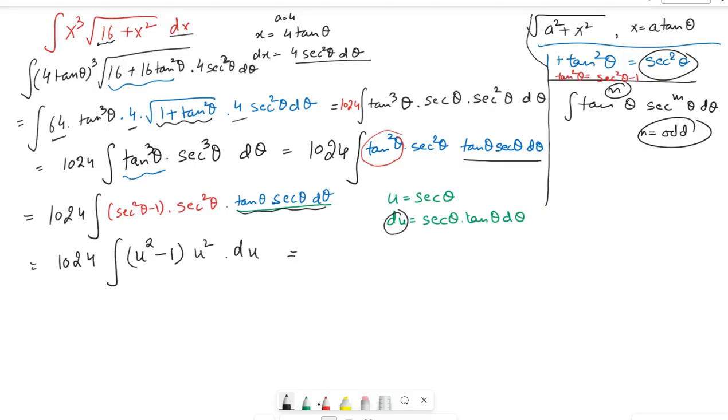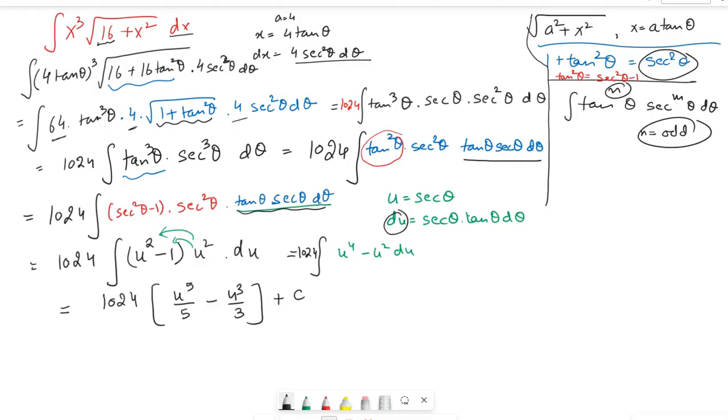That looks like an algebraic integral. 1024 out. I can distribute this inside. This will become u to the power 4 minus u square du. The integral of that we can do now using the power rule. u to the 5 divided by 5 minus u cubed divided by 3 plus c.